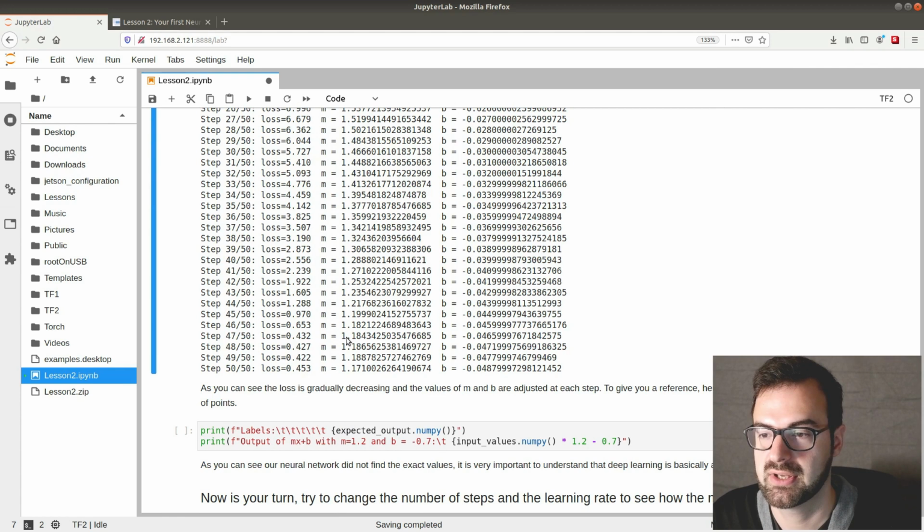The value of m, we started with 2.0 and now we get to 1.171. And with the bias, we started with 0 and we get to this very tiny value.